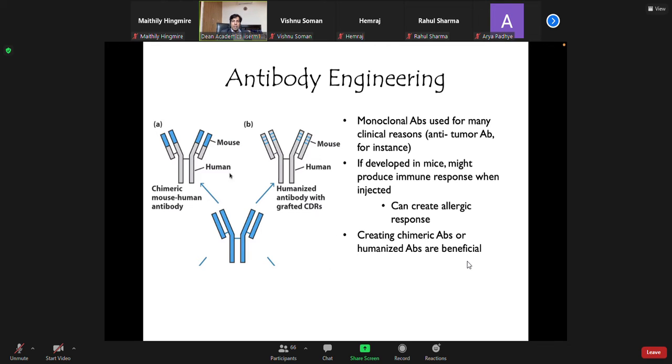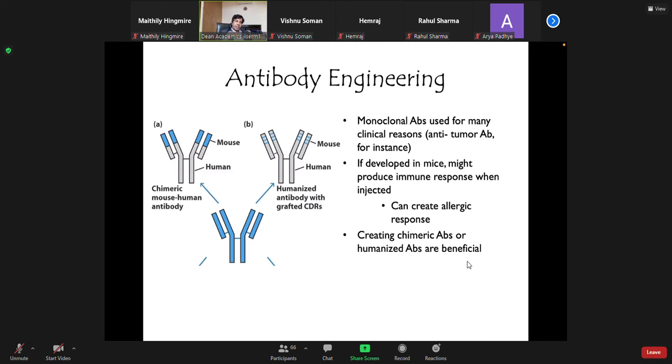So these are a few of the things that one has to do during antibody engineering, to make it less immunogenic. The background we already have talked about. Monoclonal antibodies are used for many clinical reasons, anti-tumor antibody, for instance, right?